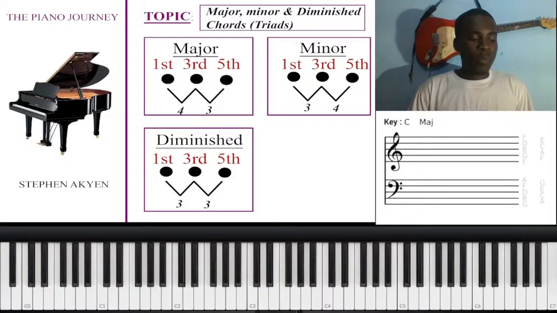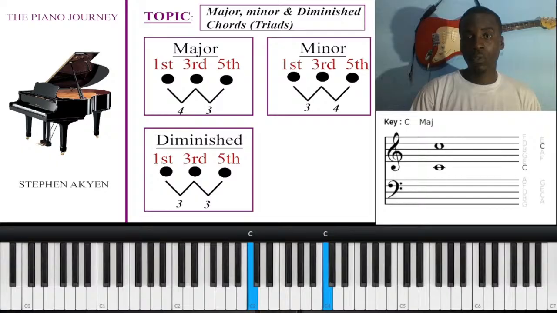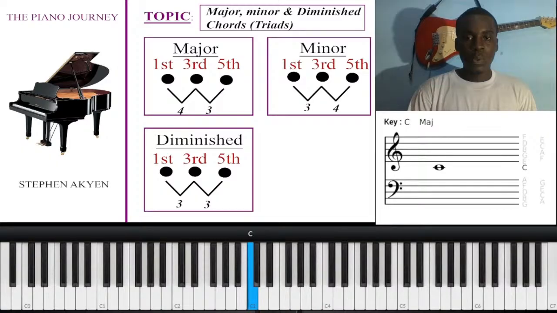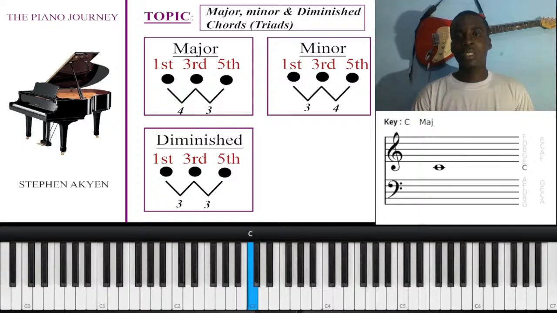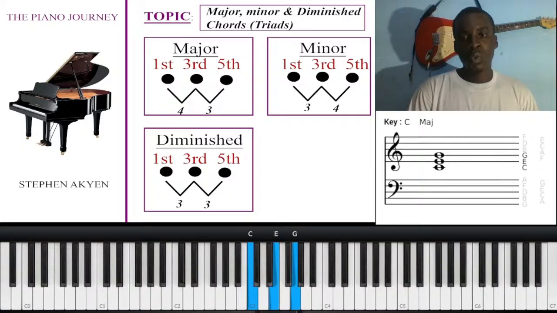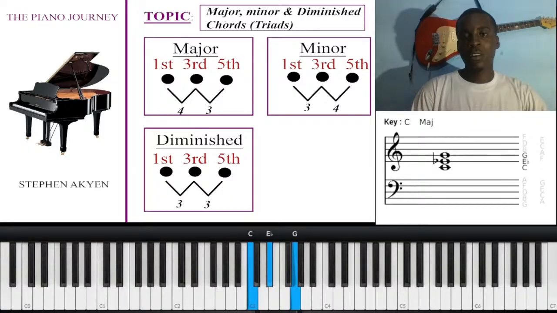And to form the diminished chord, using C major for example. One way to form it is that a diminished chord is a minor chord with a flat 5. So we got to know that this is our C minor chord.